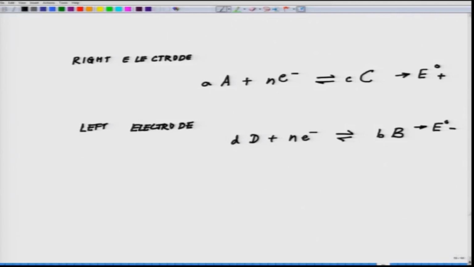At equilibrium, we have already talked about E is equal to 0. Now, the Nernst equation will look something like this. We know that E is equal to E plus minus E minus. So, this is your E minus term and this is your E plus term. Now, if you write this equation, it will become something like this.